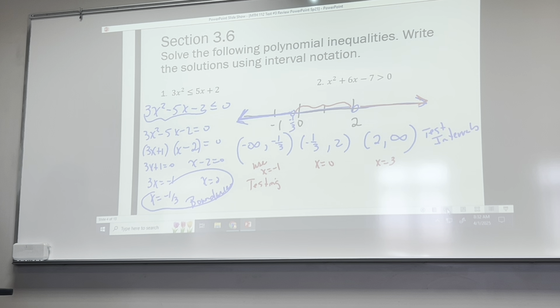If I'm testing a negative 1, I can go back here or I can go here. It's the same inequality. Would you rather test in the original form or the everything on one side, 0 form? What do you think? Which one would you use when you were testing?